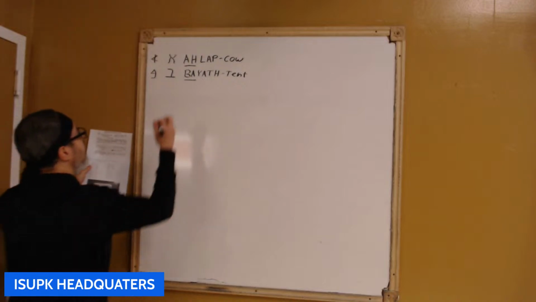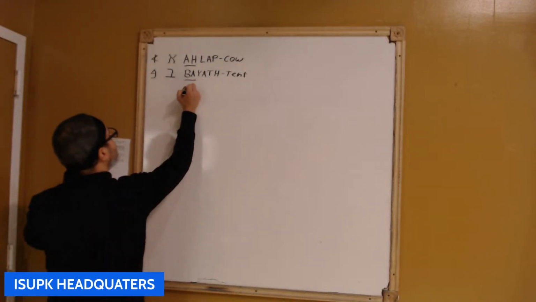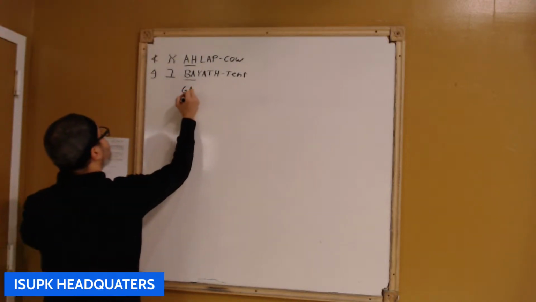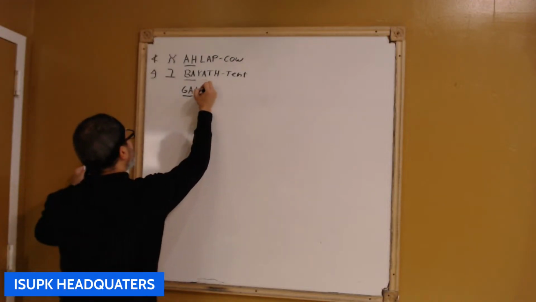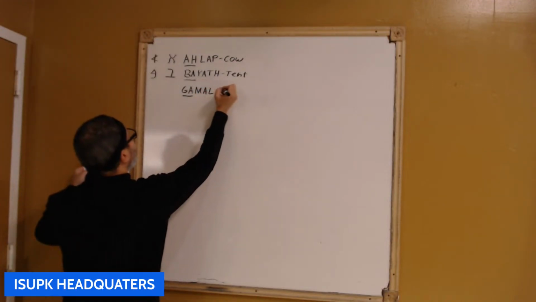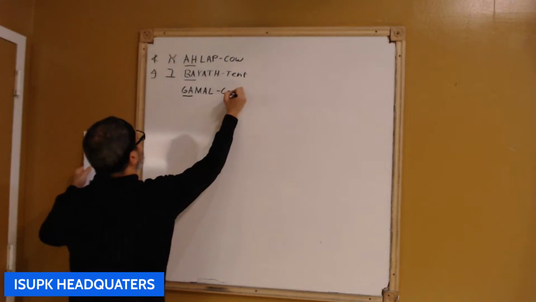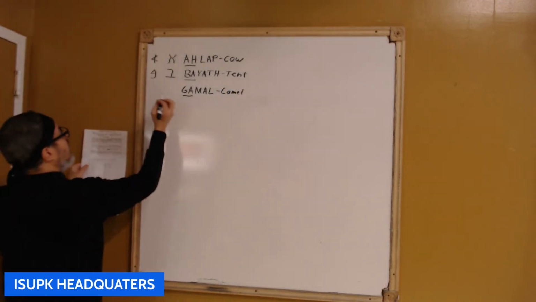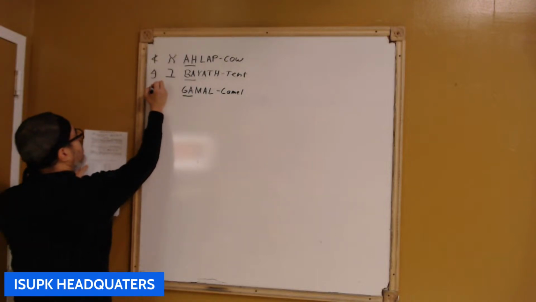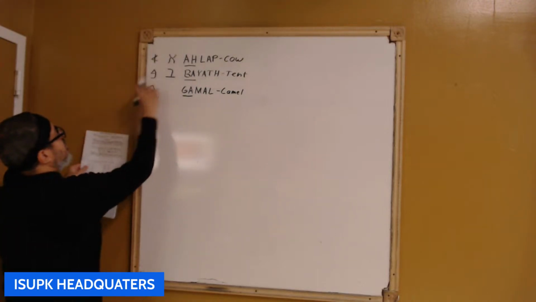Then we have the Ga. And the Ga is short for Gamal, which is camel. And the Ga looks like a camel neck. Now it's not as long.